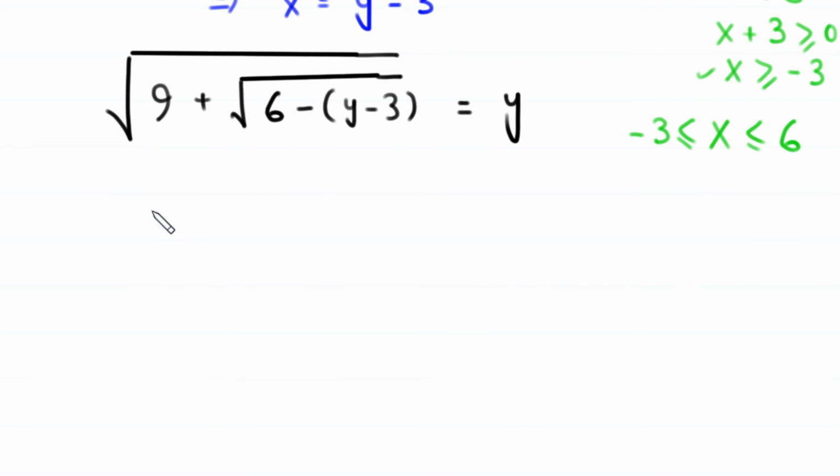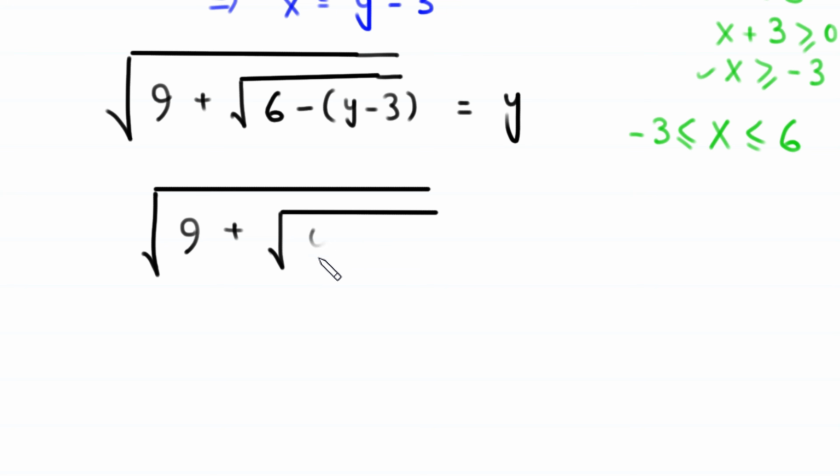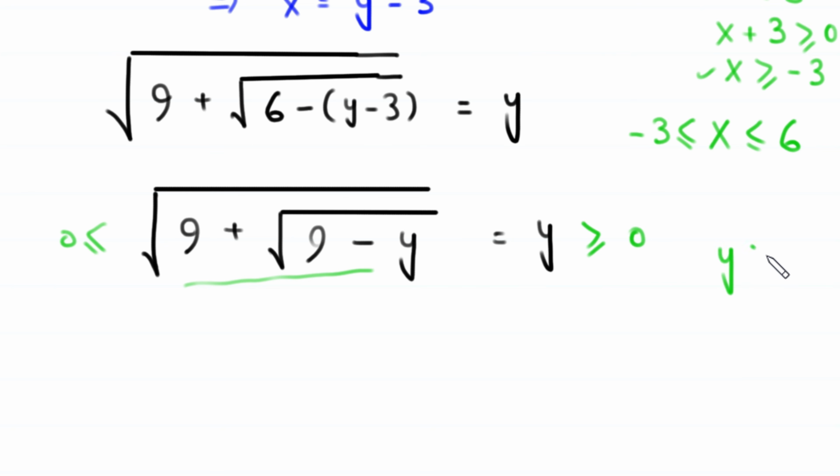Further simplify, this will become the square root of 9 plus the square root of 9 minus y equal to y. Since this whole expression at the left hand side must be greater than or equal to 0, this y must also be greater than or equal to 0.